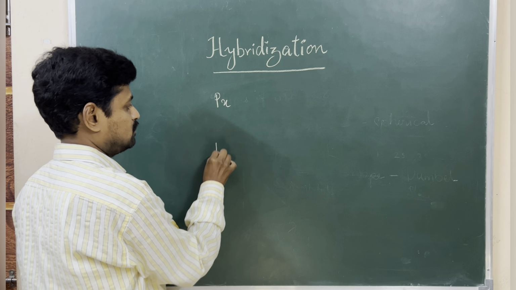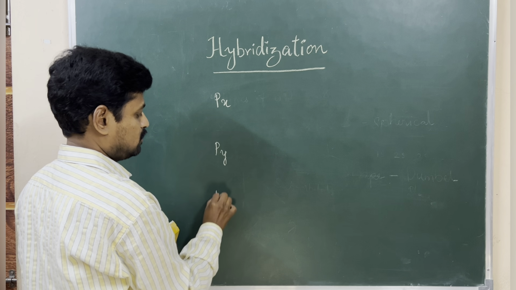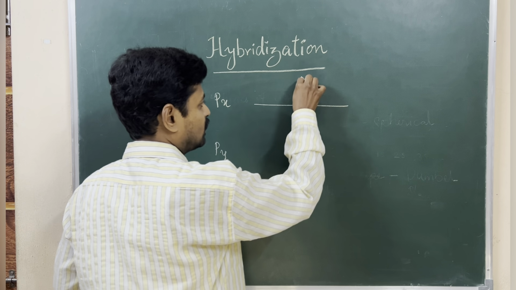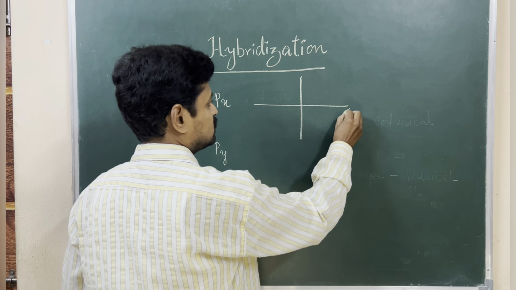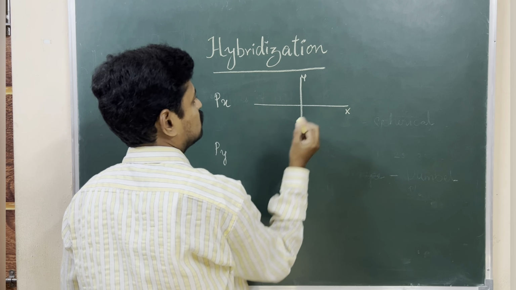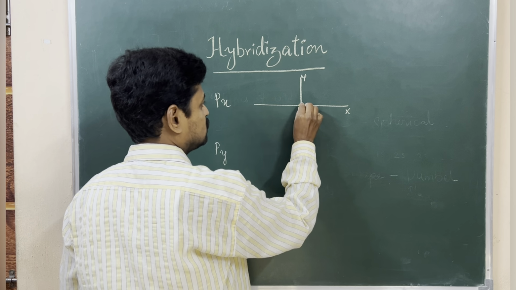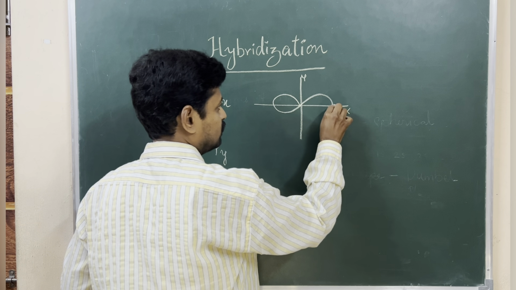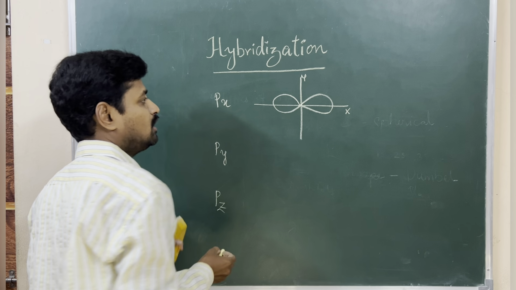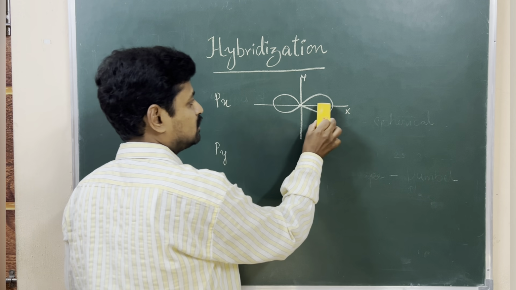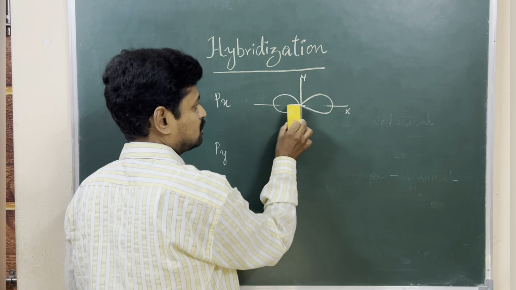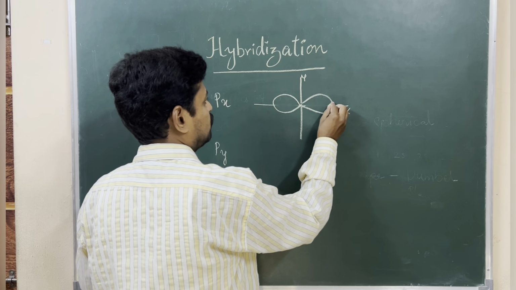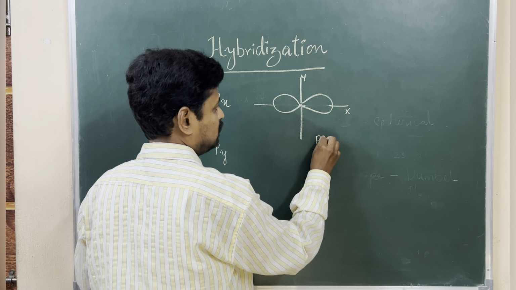The px, py, pz orbitals. So draw the coordinate axes: this is the x axis, this is the y axis, and the imaginary z axis will be crossing the origin at an incline. Here the electron cloud is on the x axis. So this is the px orbital.